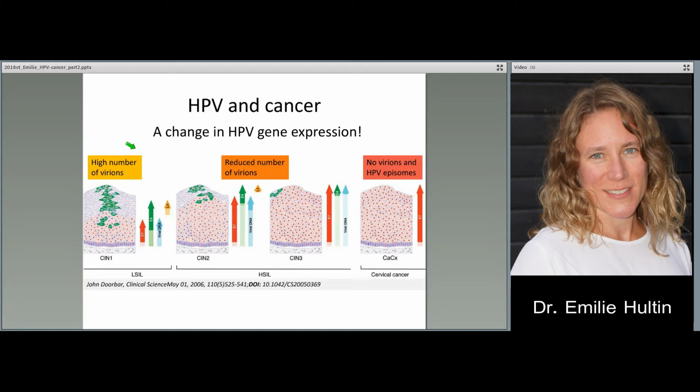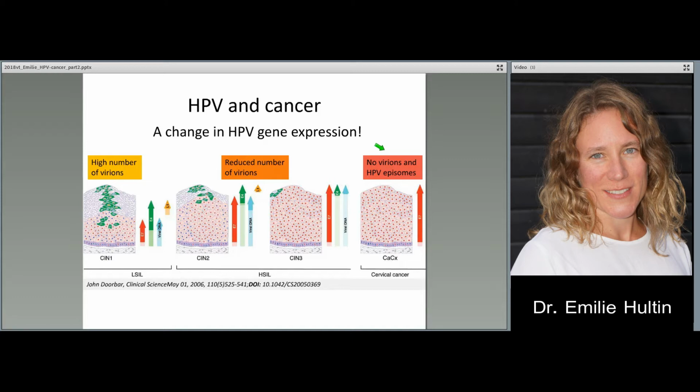We also have a very high number of virions released on the surface that can infect other cells. With higher grade lesions, we have a reduced number of virions released at the surface. We also have higher levels of E7, but E4 is at the same level or a bit less.